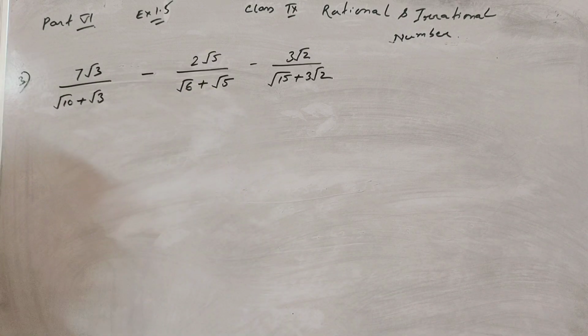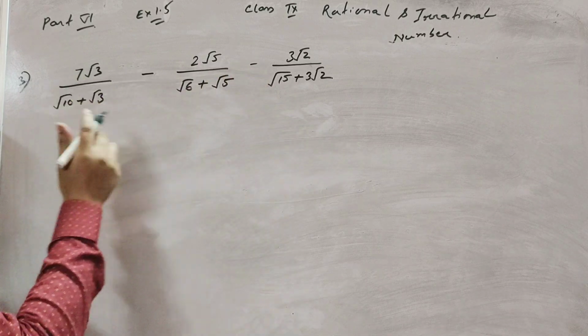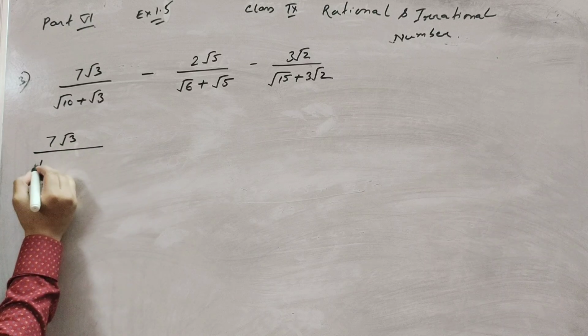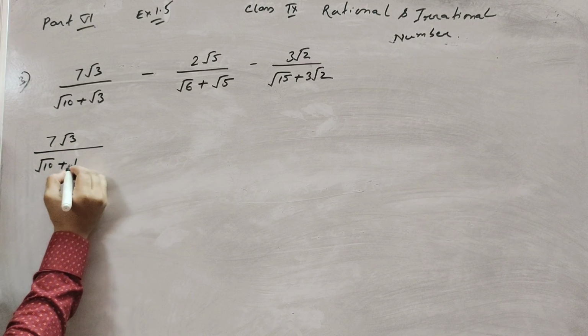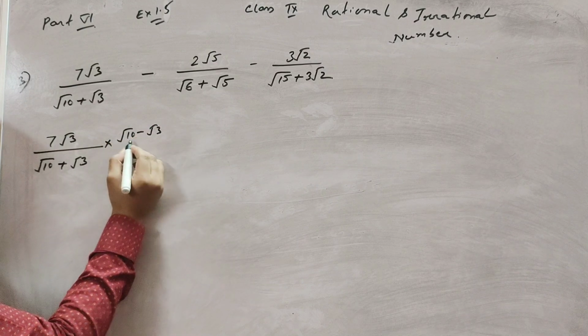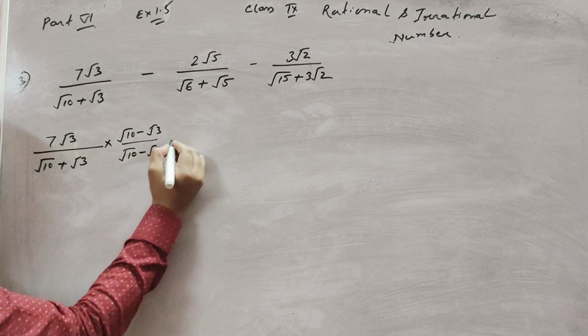So you see a question like this and rationalize one by one. First of all we rationalize this one. 7 root 3 upon root 10 plus root 3, multiply root 10 minus root 3. Why minus? Because here is plus. Root 10 minus root 3.